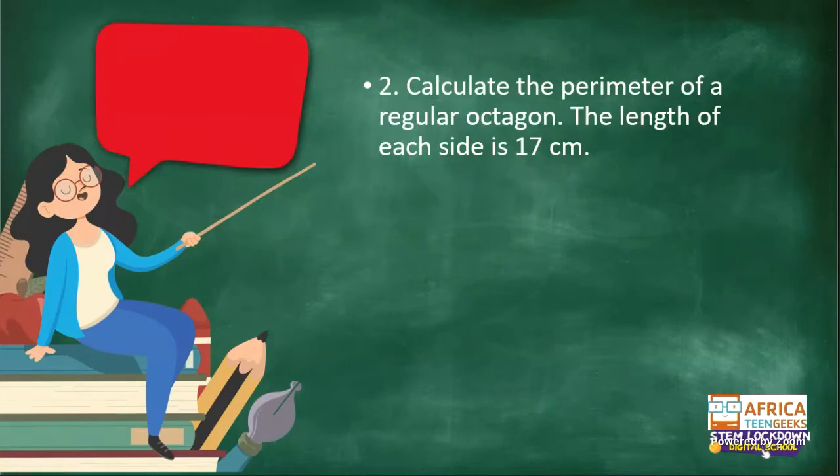How do you define an octagon? If you cannot correctly define the octagon, you may struggle to find the perimeter of an octagon.